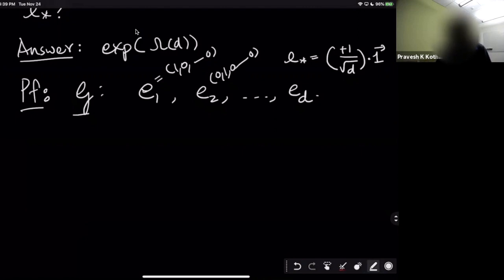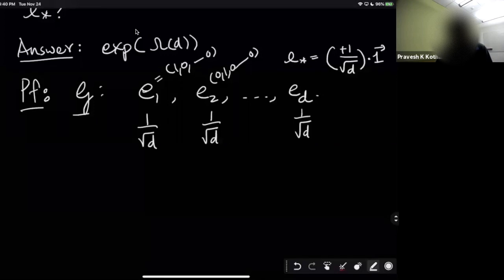So that's my good part. In other words, how does it look? For e1, if I evaluate L star dot e1, I'm going to get 1 over root D. At e2, I'm also going to get 1 over root D. At e_D, I'm also going to get 1 over root D. I hope this is all simple and clear. And now here comes the adversary. The adversary can look at this good set and come up with the bad set however they want. So here is my bad set.